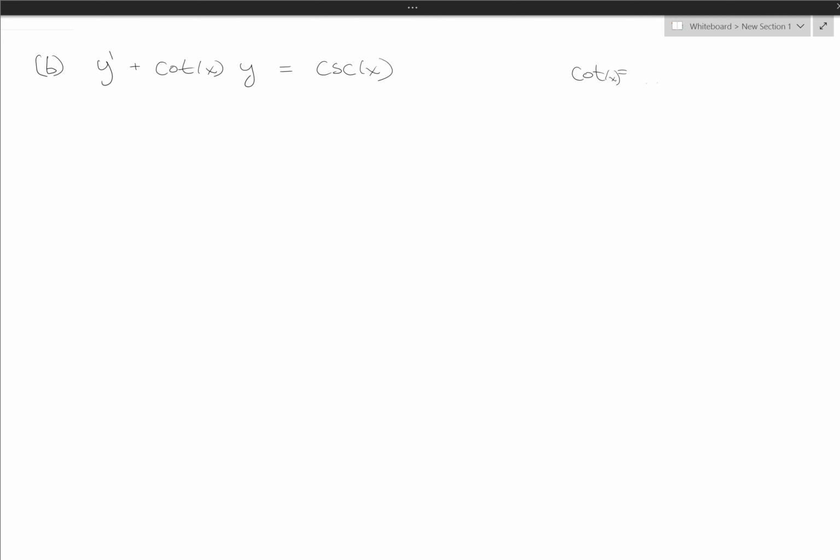Cot x is 1 over tan. Okay, so that means that if tan is sine over cos, then cot is cos over sine. Okay, and cosecant, CSC, is 1 over sine.